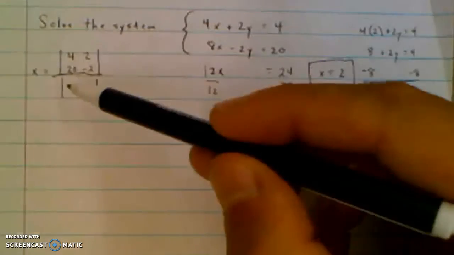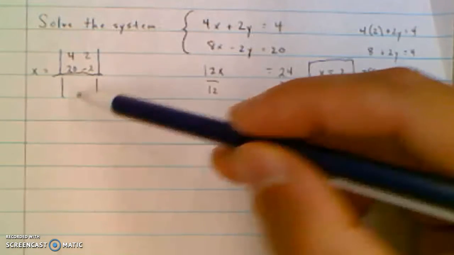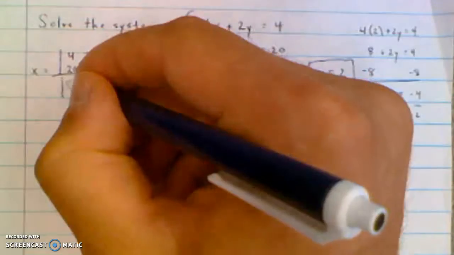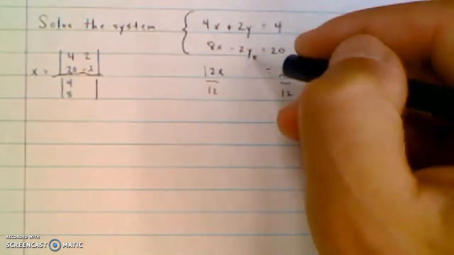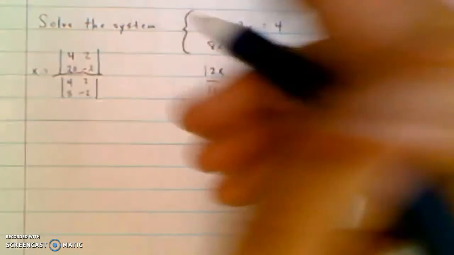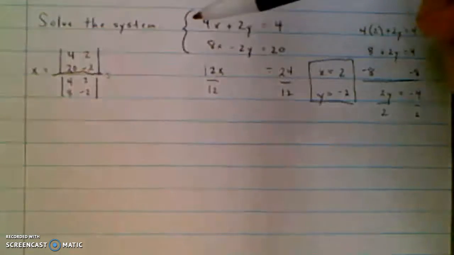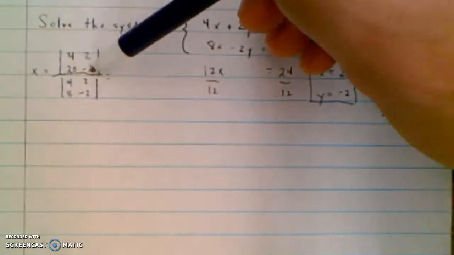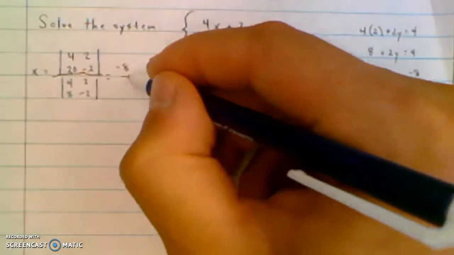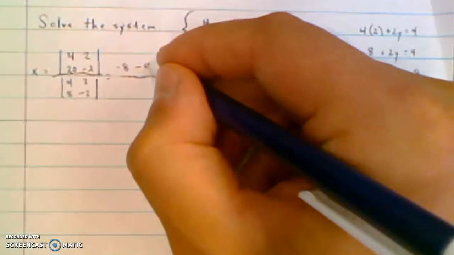So the bottom for both x and y, this won't change whether we're solving for x and y, will be 4, 8, 2, and negative 2. We keep the x column, we keep the y column. Okay, now to find the determinant. 4 times negative 2 is negative 8, minus 2 times 20 is 40.